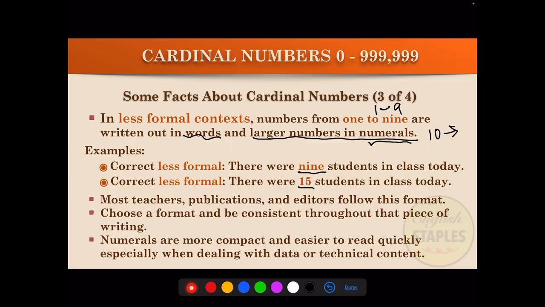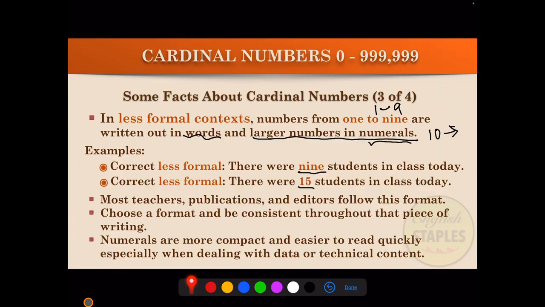Most teachers, publications, and editors follow this format. The important thing here is to choose a format and be consistent throughout that piece of writing. So if you're writing a paper or a letter, whatever it may be, if you choose to use the formal format, use that formal format throughout that document.